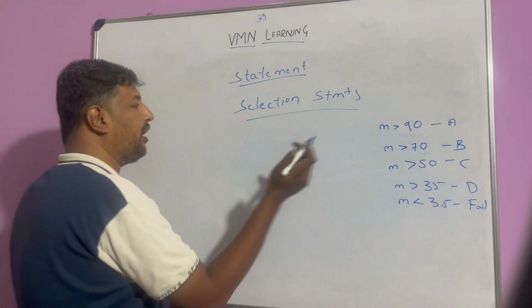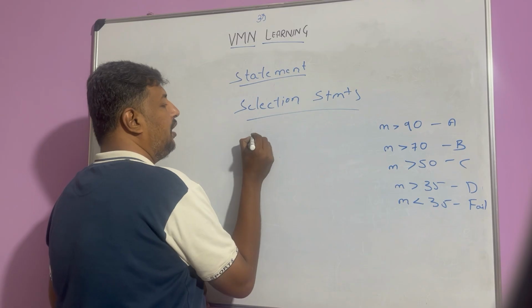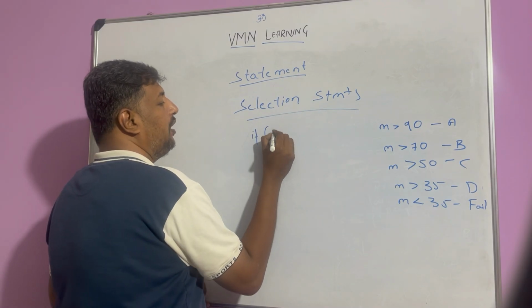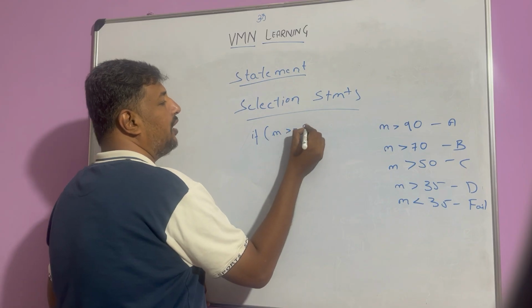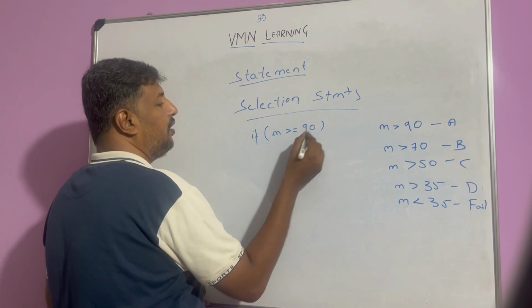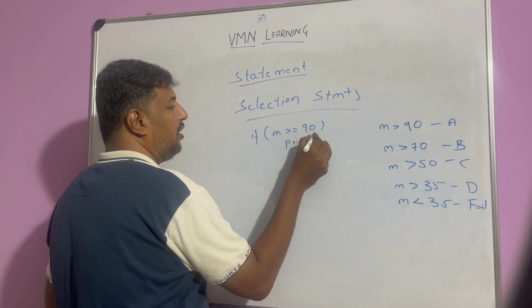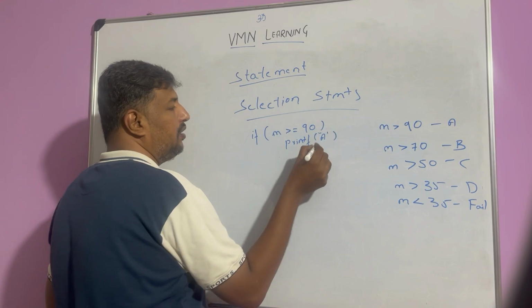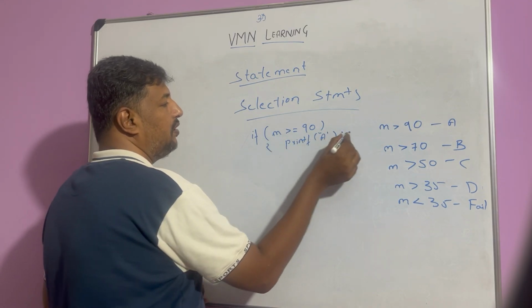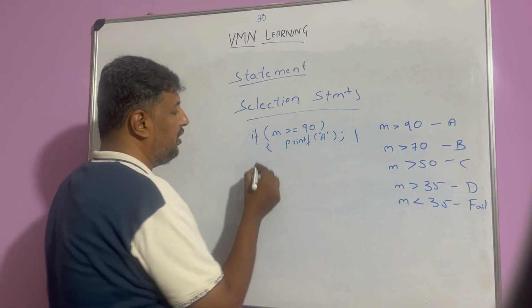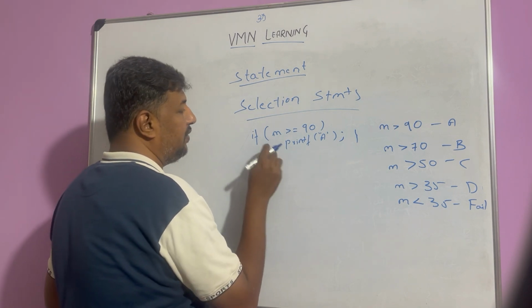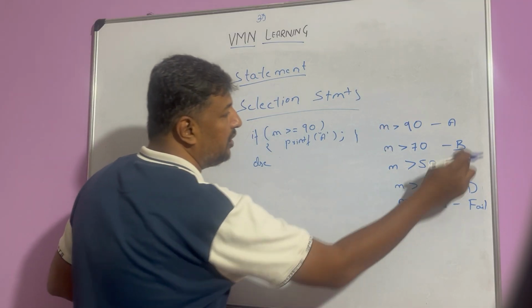That time what I can do, first let me use the if statement. If marks is greater than equal to 90, I will print A. Else, that is done, right? We don't need to check all these else.